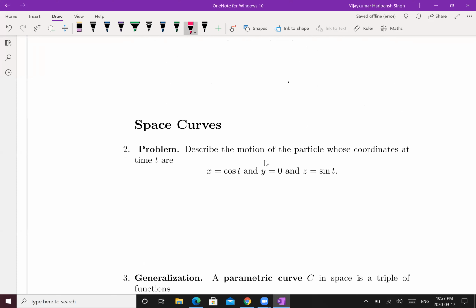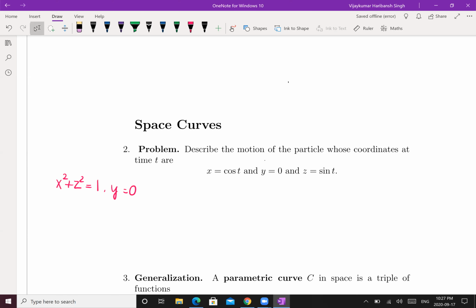Describe the motion of a particle whose coordinates at time t are given by x equals cos t, y equals 0, z equals sin t. So x equals cos t, y is 0, z is sin t. In this case, notice that you have x squared plus z squared equals 1 and y is 0, right?